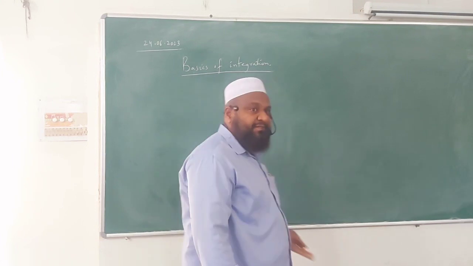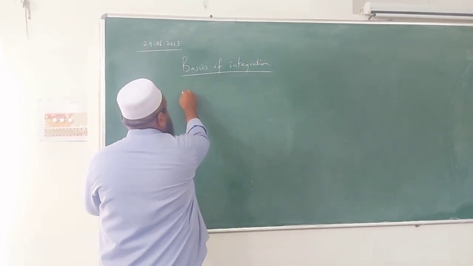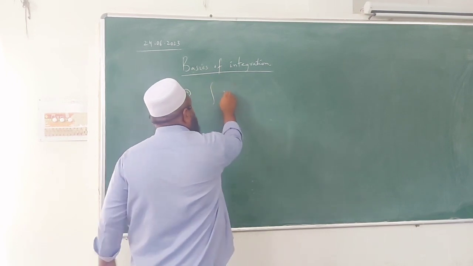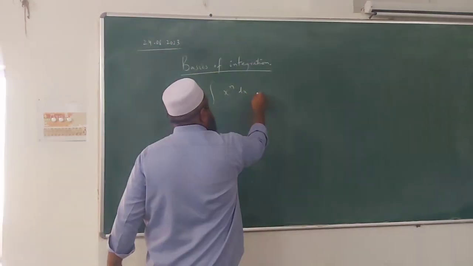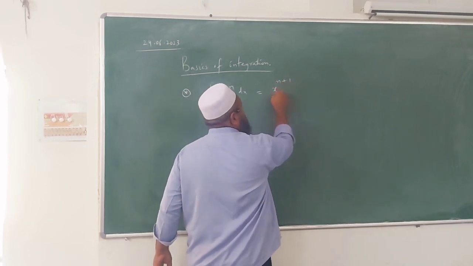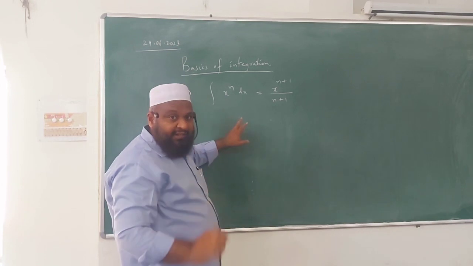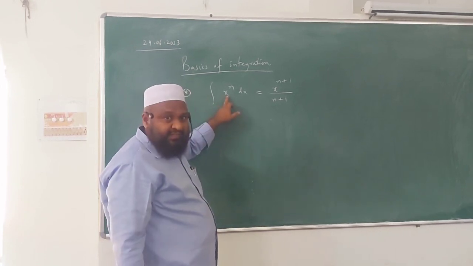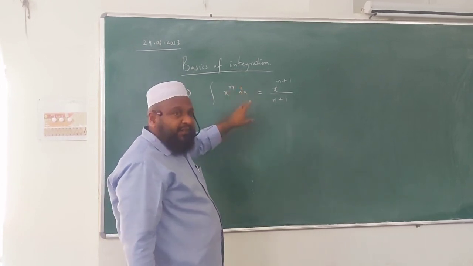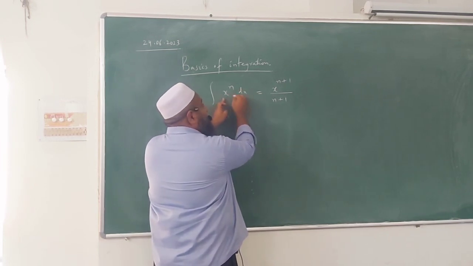So, I will start with the first basic formula, that is the integral of x to the power of n dx is equal to x to the power of n plus 1 by n plus 1. Be careful here: the variable is x, n is some power, and the differential is for the same variable.